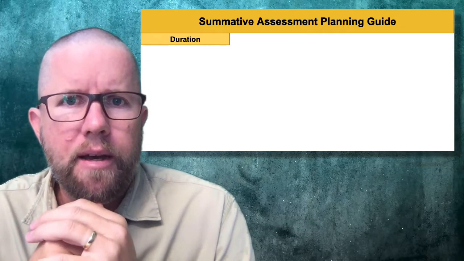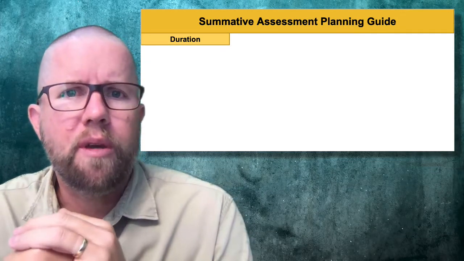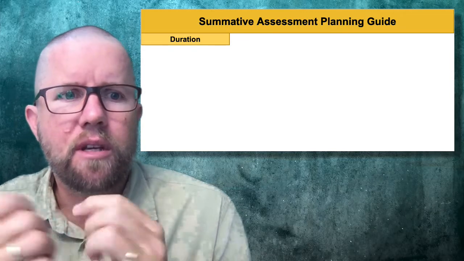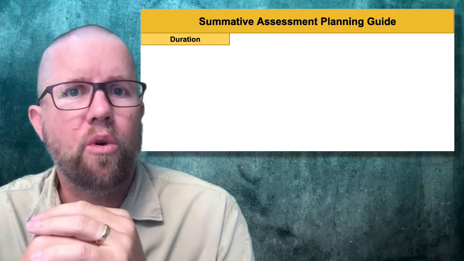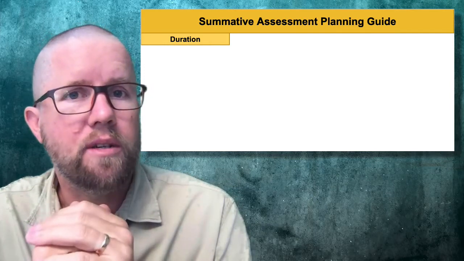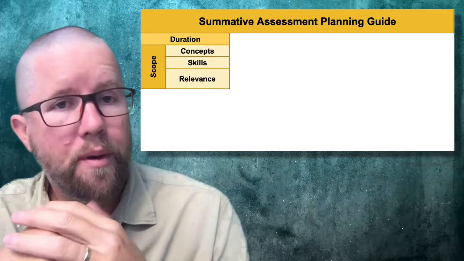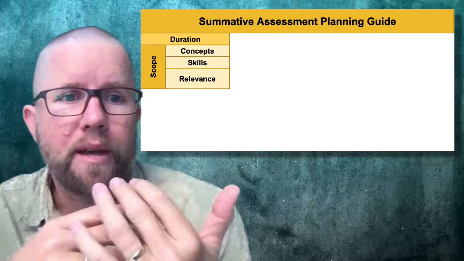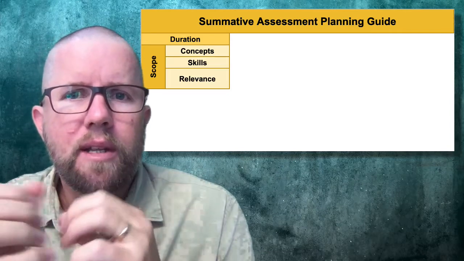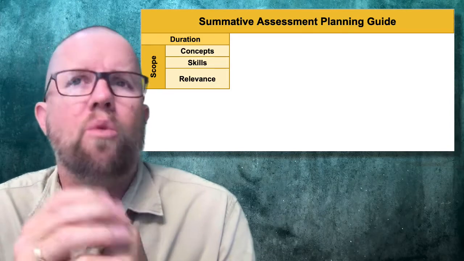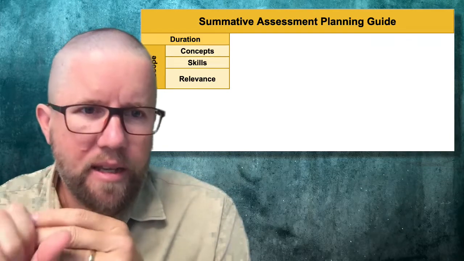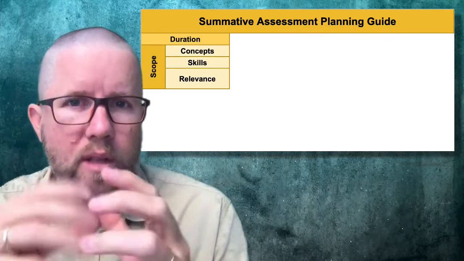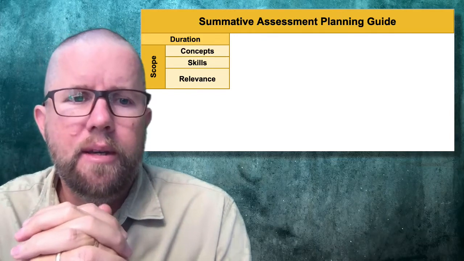And duration is important because that gives us some indication or guides us for the second criteria, which is scope. Scope, as you can see there, is really talking about or referring to the concepts, the skills, the understandings, and the relevance, which we'll unpack in a moment.